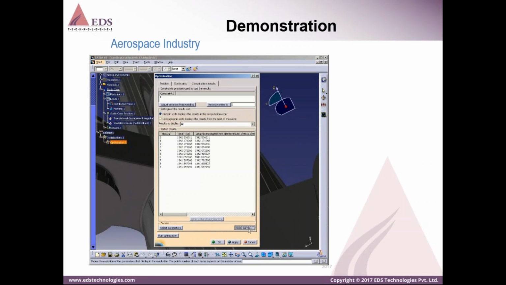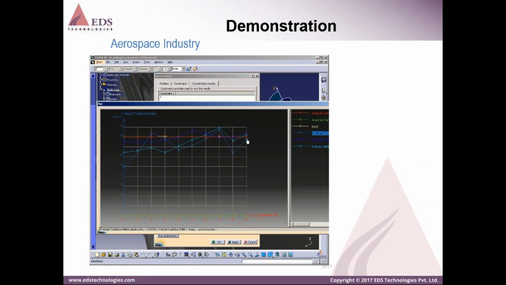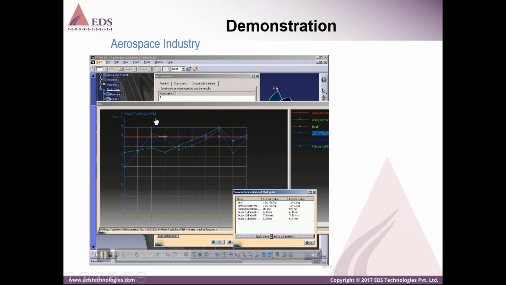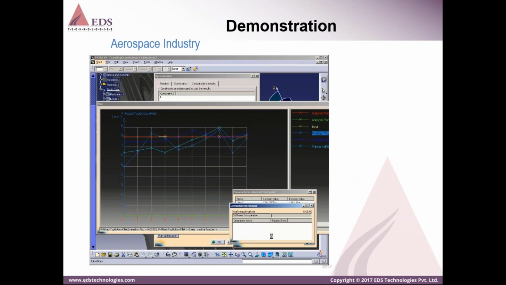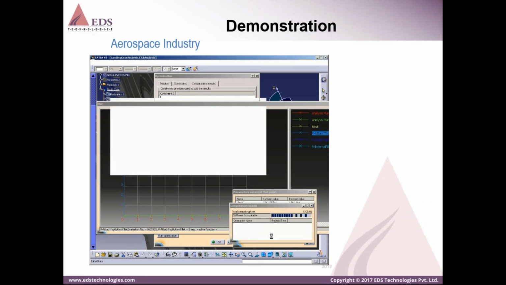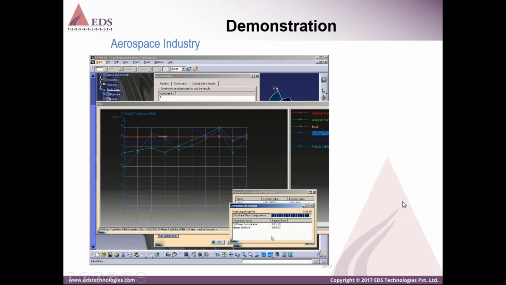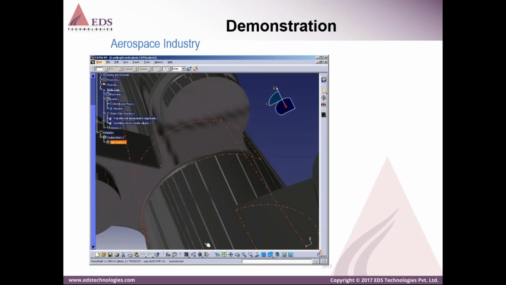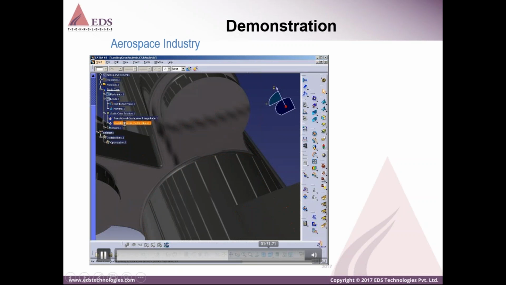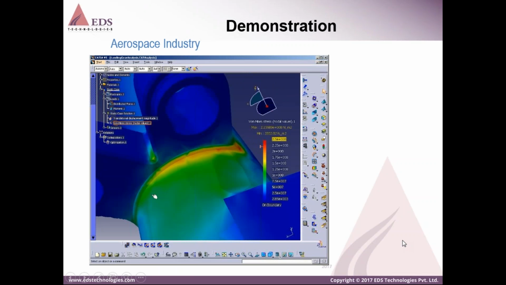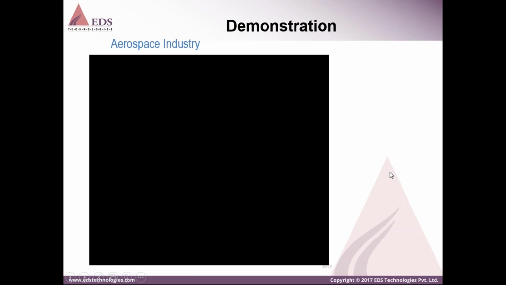You can see the graph between these different types of elements here, fillets. In this way, the optimization is performed and the analysis is very easily done.